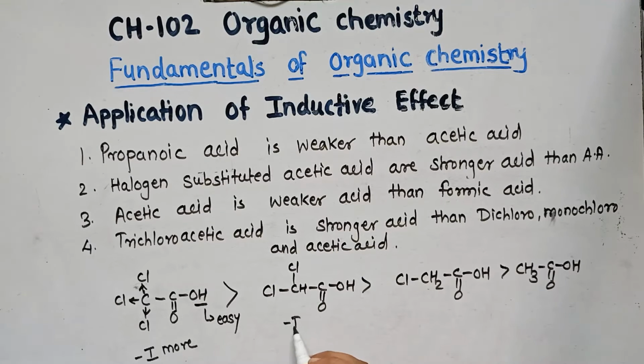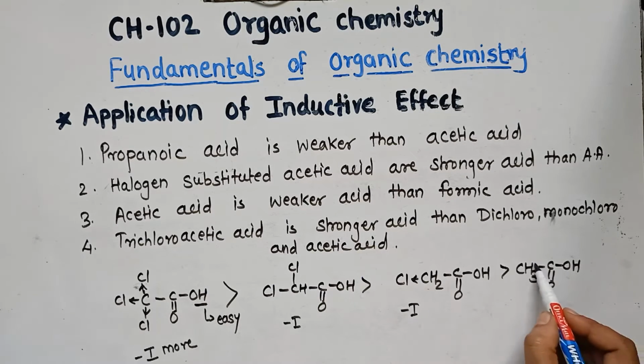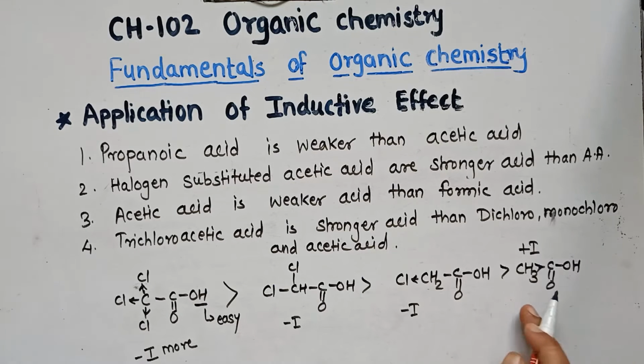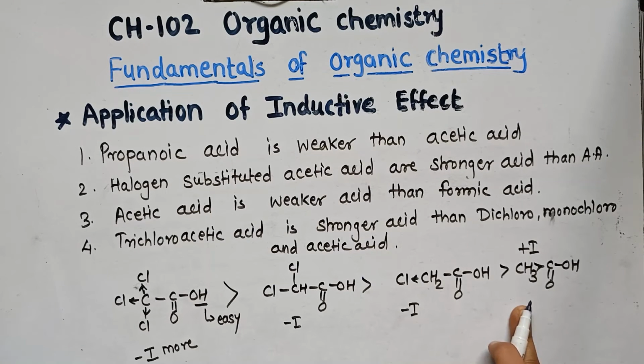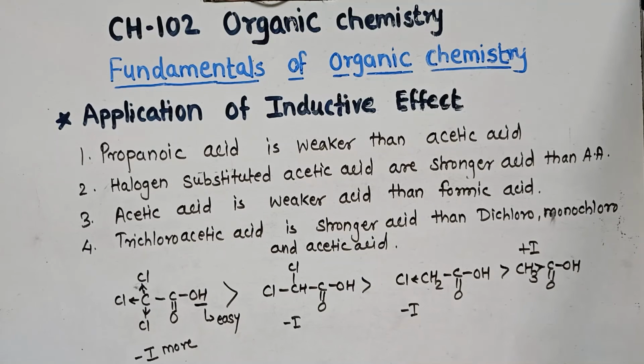Here also there is a minus I effect, but only 2 chlorines are there. Here also the minus I effect is due to this chlorine, but this methyl shows the plus I effect, and the plus I effect decreases the acidity, hence it is a weaker acid. It is very simple.